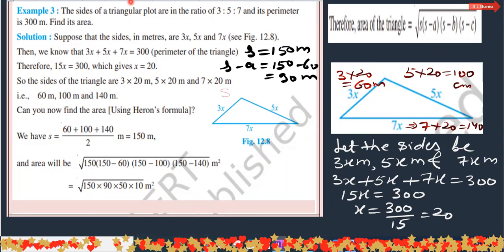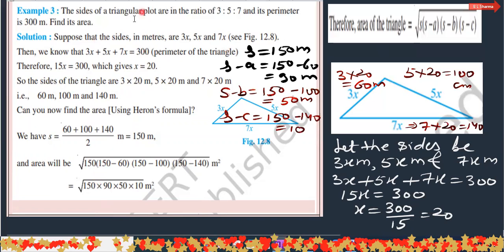Then S minus B, that is 150 minus 100, that is 50. And then third is S minus C, that is 150 minus 140, that is 10 meters.